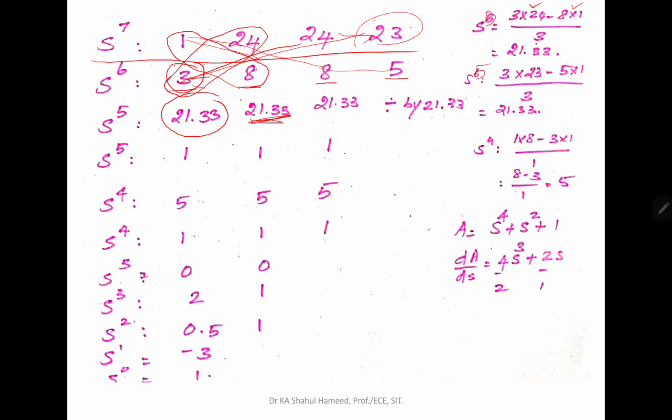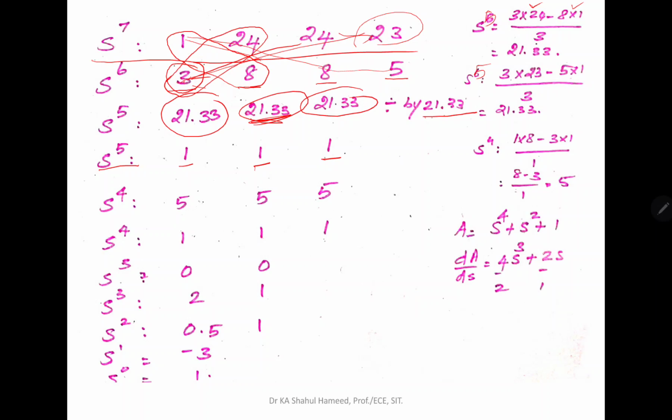So when we are determining the value, you get the entire row is 21.3. All the coefficients are having the same value, so I am dividing the entire row by 21.3. We get S5 as 1 1 1.